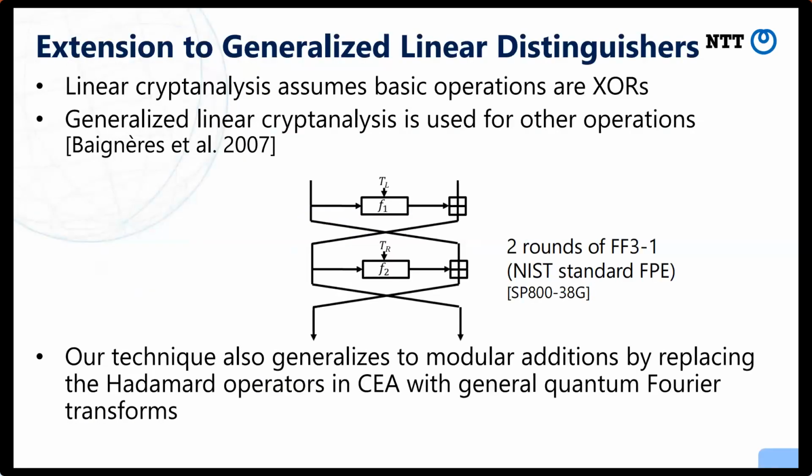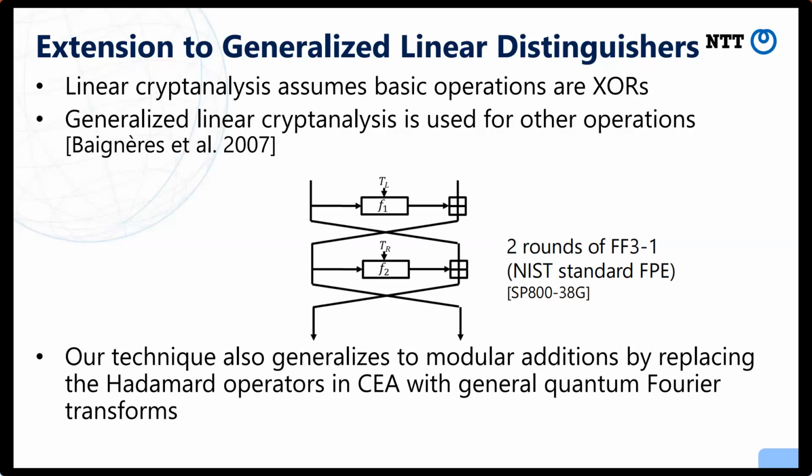So first, I'd like to remark that usual linear cryptanalysis, very roughly speaking, assumes that the basic operations in the cipher are XOR operations. I mean, the key additions and additions in basic ciphers are assumed to be XOR operations.